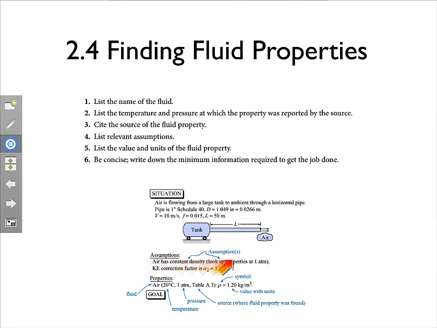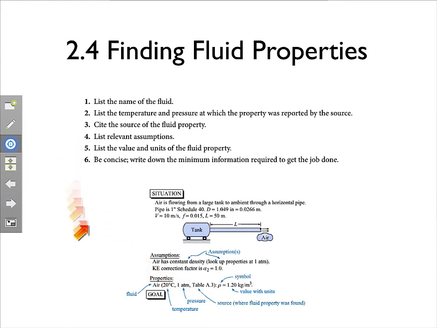So you can see down here, the source for this is table A3. It's air at 20 degrees C and 1 atmosphere. It's listing the temperature and pressure and also the source of the documentation.